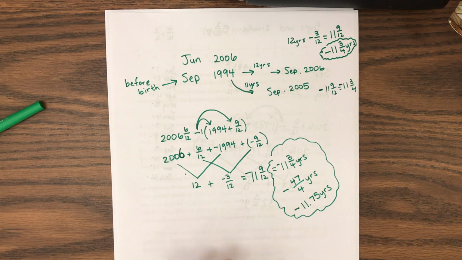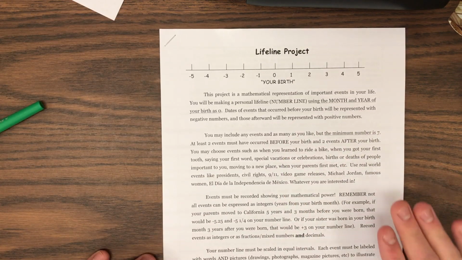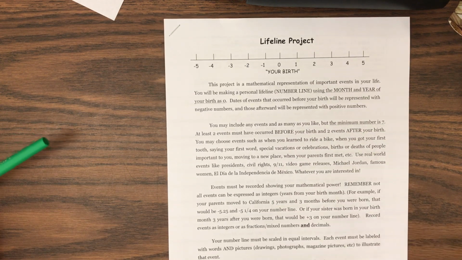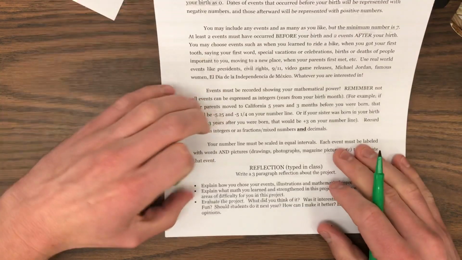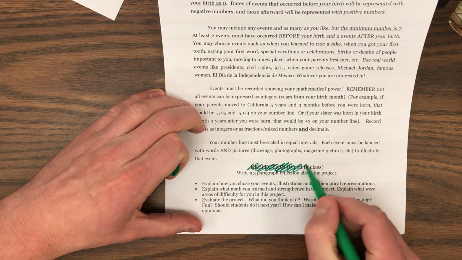All right. If you have more questions about it, I would refer to the Lifeline Project packet that you either received in class or is linked to this Google Classroom post. Please know that you do not have to do the written reflection. We're not doing this.